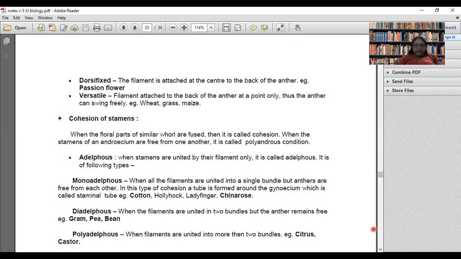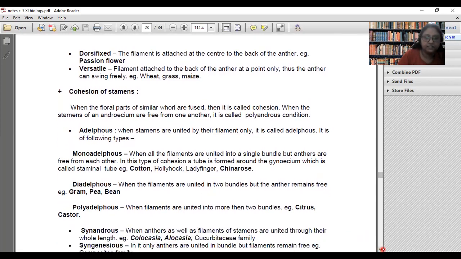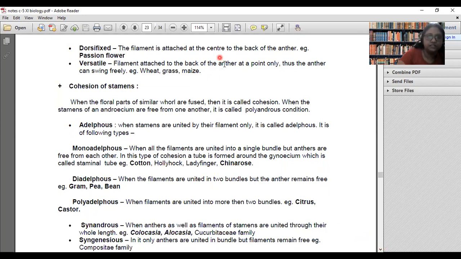So the attachment of stamen by a filament, we can divide them as monodelphous, diadelphous, and polydelphous. Let us talk about these types. I will draw a diagram and tell.